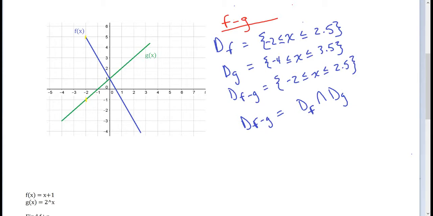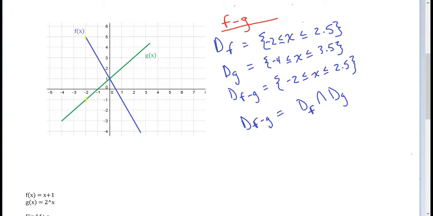We don't use this notation as much in high school, but we're starting to show intersection and union, and you'll learn about it more later on. So this just means what you've seen here, that the values have to be in the domain of f, and the values have to be in the domain of g, for them to be in the domain of f minus g.